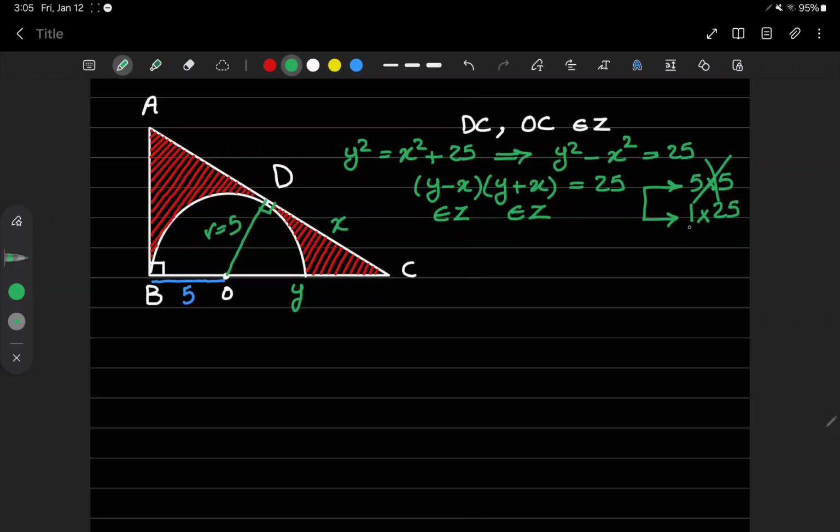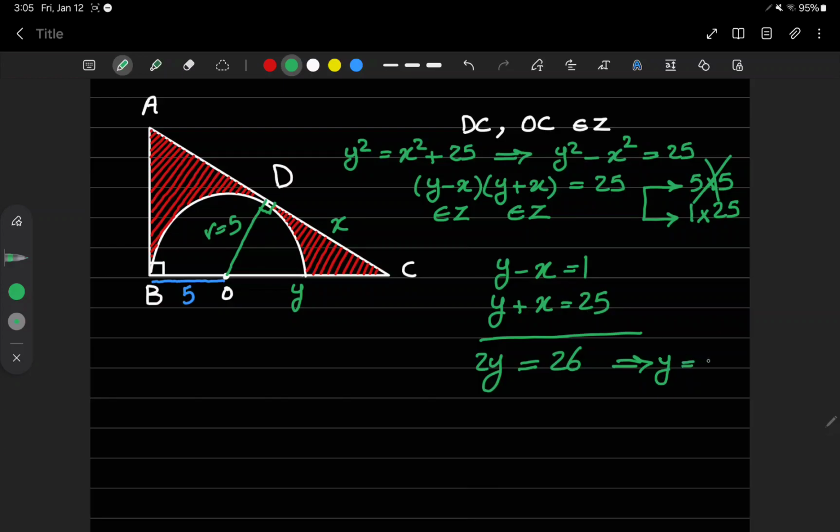Now the second option is we have 1 and 25. So let's say Y minus X equal to 1, Y plus X equal to 25. Let's sum this. We don't have X if we sum them, so 2Y equal to 26. And that means Y is equal to 13.